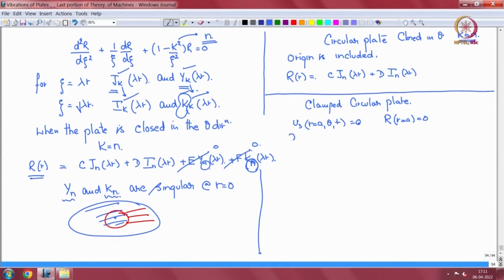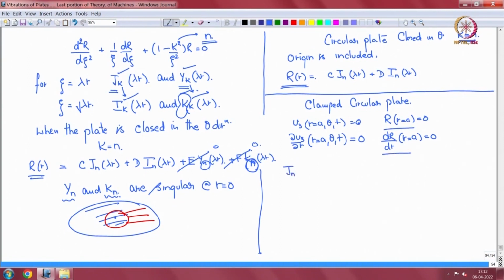Then the slope del u3 by del r at r equal to a, theta, for all time is equal to 0, which means dR by dr at r equal to a is equal to 0. So if we subject this to these two conditions, we get two equations.